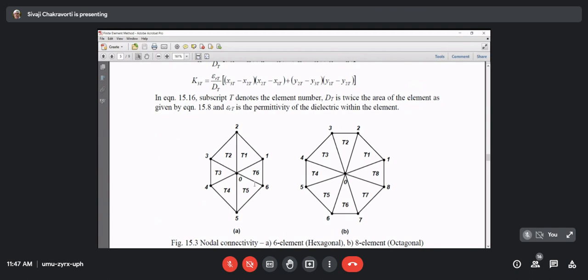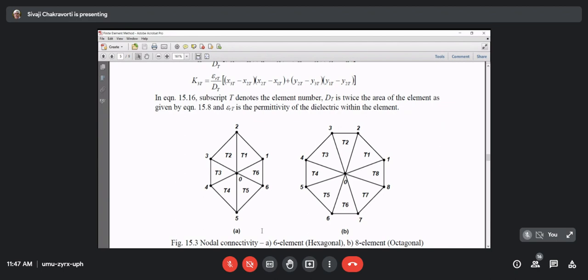Not only that, there is one more interesting point here. What is that? If you look carefully at triangle T1, you will see that node 1 is, as per our definition, node 2. If you look at triangle 6, then node 1 is, as per our definition, node 3. If you look at, say, node 4, in triangle 3, it is, as per our definition, node 3.